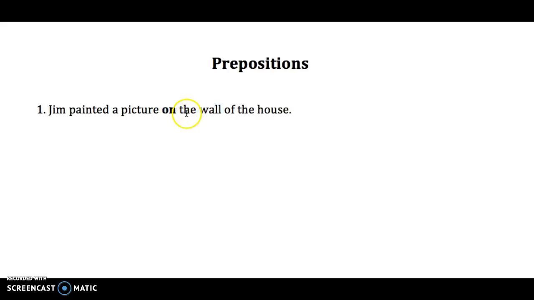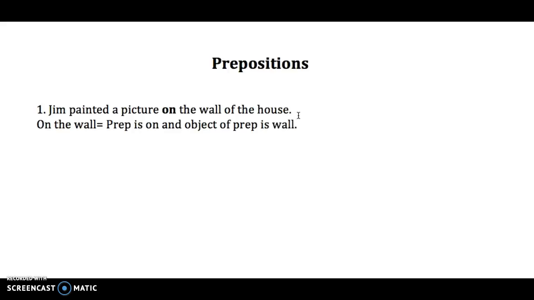So, on what? The wall. So our prepositional phrase is on the wall, and our preposition is on, and the object of the preposition is wall.